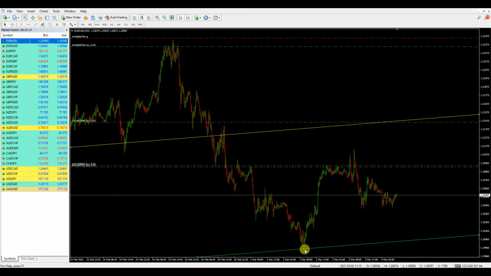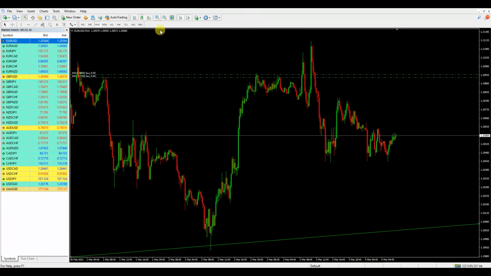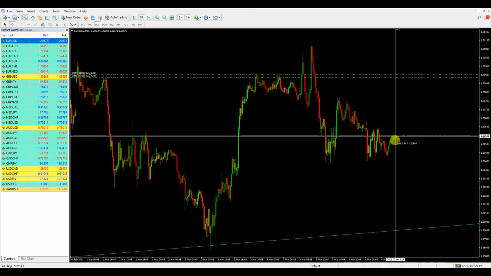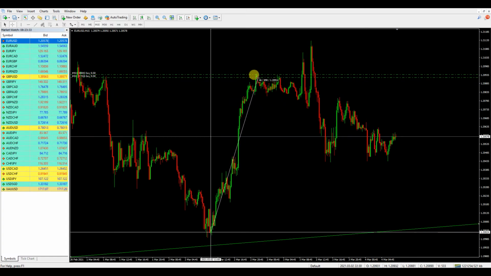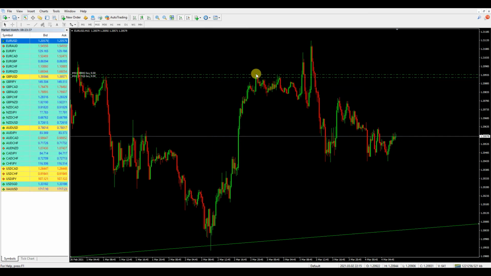Like let's say over here, it was a very strong pin bar. So when we see on H4 that our market has hit this trend line, we're gonna take the time frame of M15, see what candle is coming up, and place a buy order, and then see how much money you're gonna make. You're gonna make approximately 1,000 points. Yes, guys, 1,000 points.